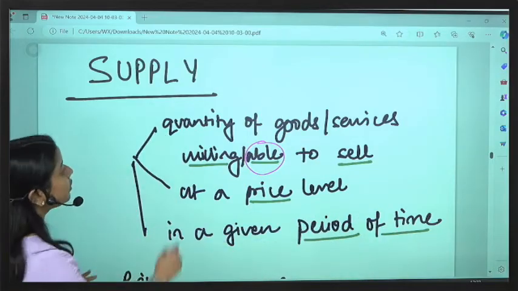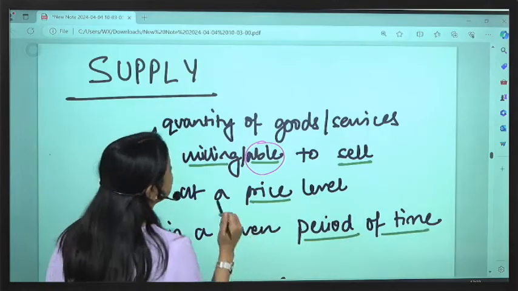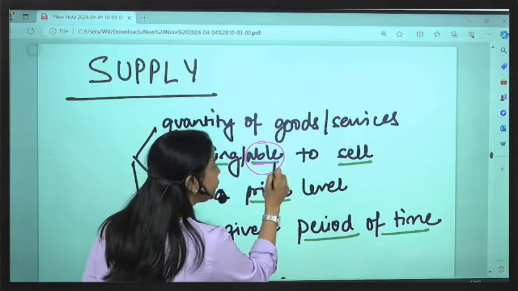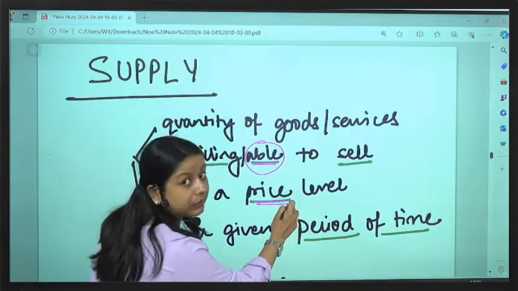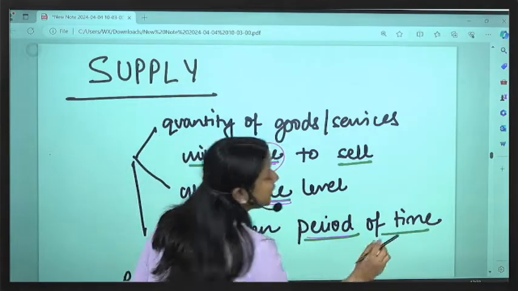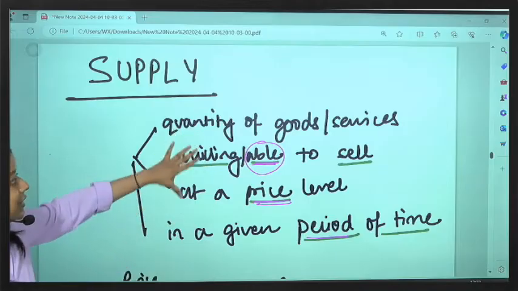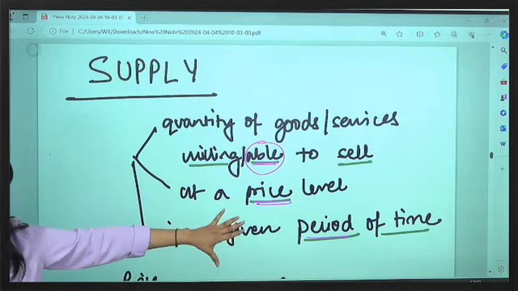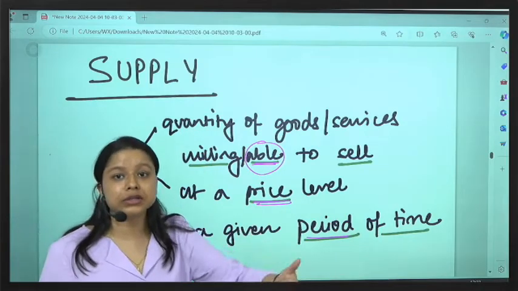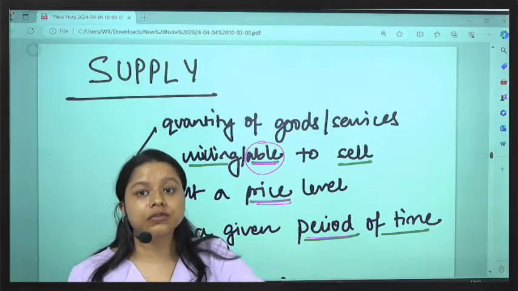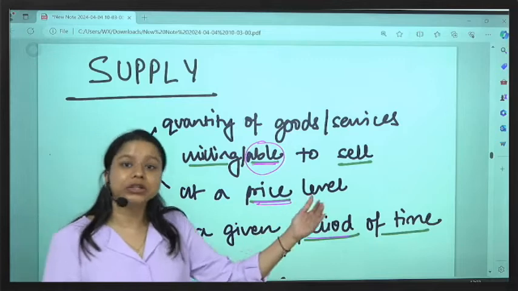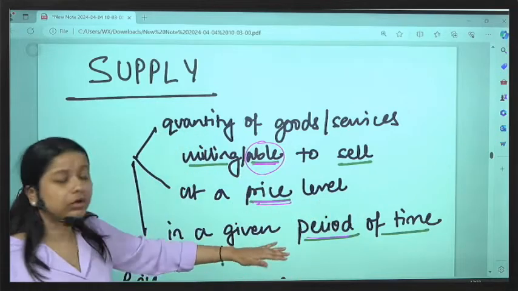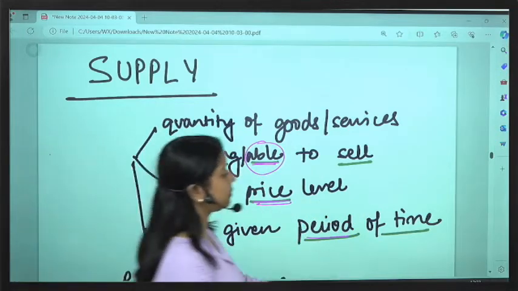Now, again, these three words are very important: the ability to sell, the price level at which they are willing to sell, and the period of time. So this is how you define supply: ability and willingness to sell a given quantity of goods or services at a particular price in a given period of time.